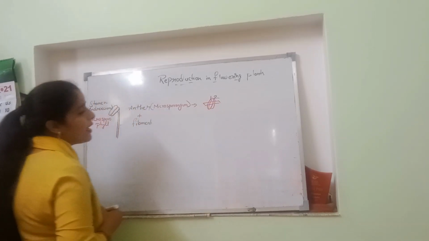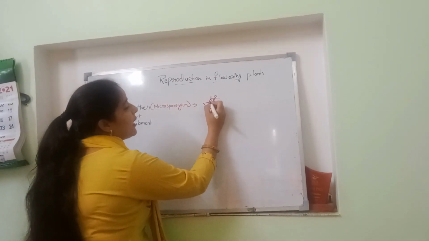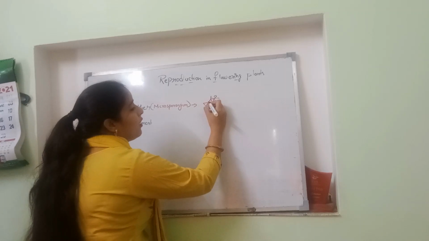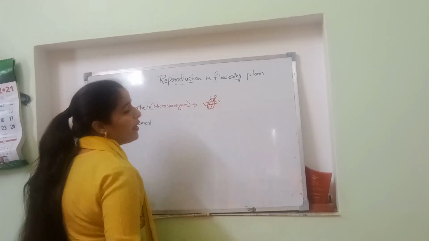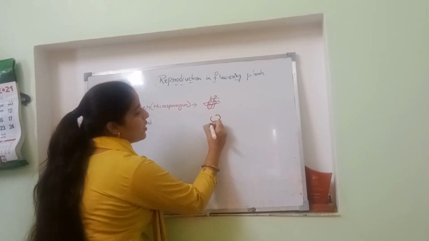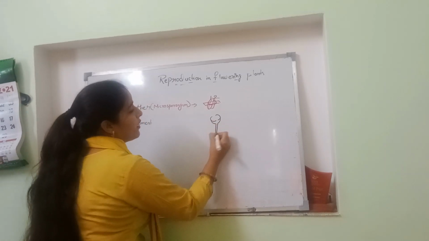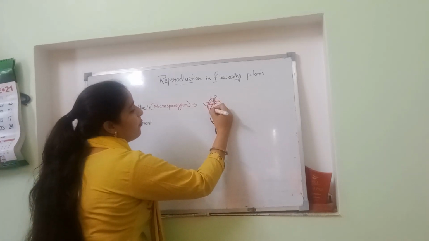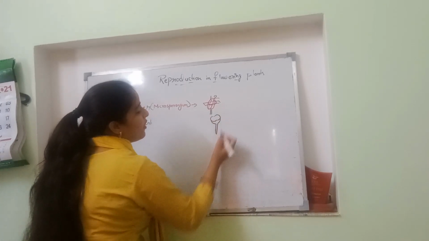Now when this cut has been made, जब हम इसमें cut बनाएंगे, तो हमें क्या दिखेगा? इस तरह से एक lobe यहाँ आएगा और एक lobe यहाँ. तो हमें कैसा structure मिलना चाहिए? Filament में, right? इस तरह से हमें structure मिल जाएगा जो कि filament में है.